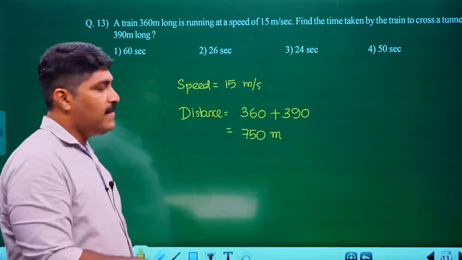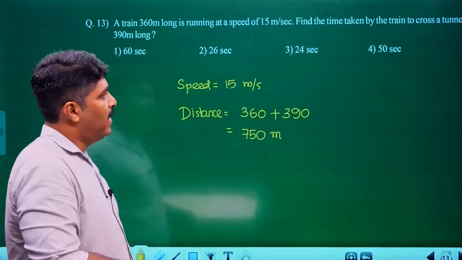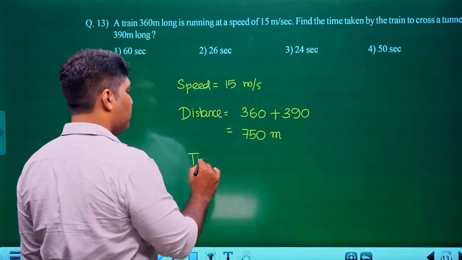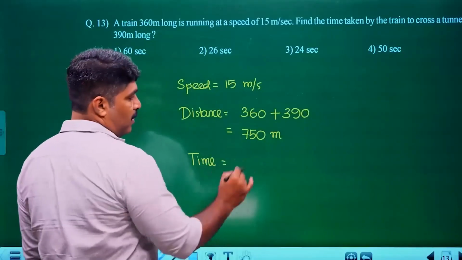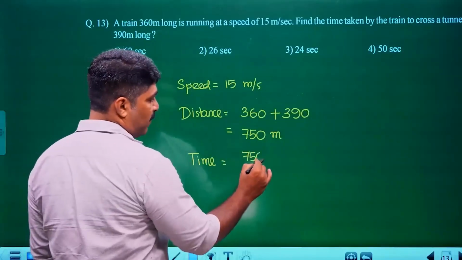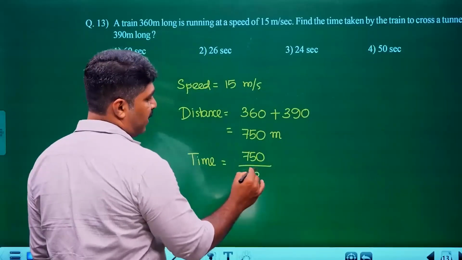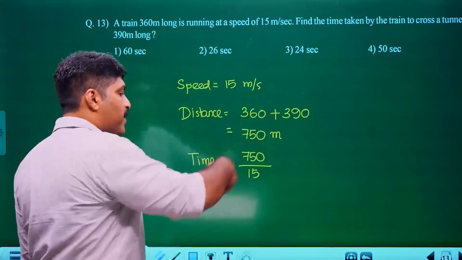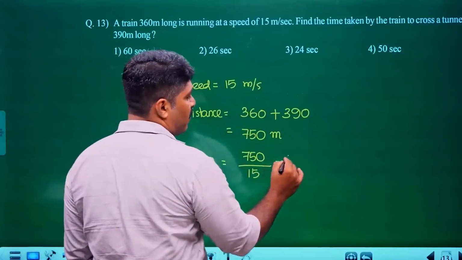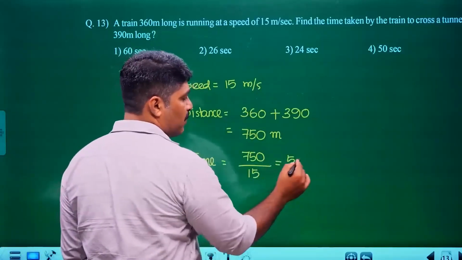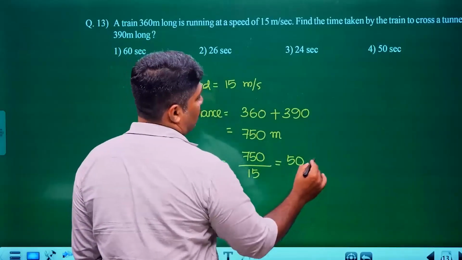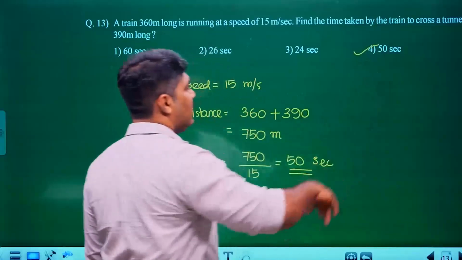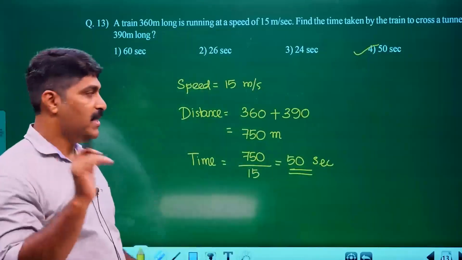So we have distance and speed. How to find out time? Time is nothing but distance by speed. Distance is 750, speed is 15. Both are in corresponding measures, so we can directly simplify them. We know that 15 into 5 will be equal to 75. This is 750, so 50 seconds will be the answer. That's a direct easy question from basic train problems.